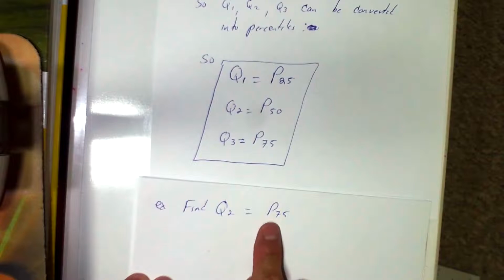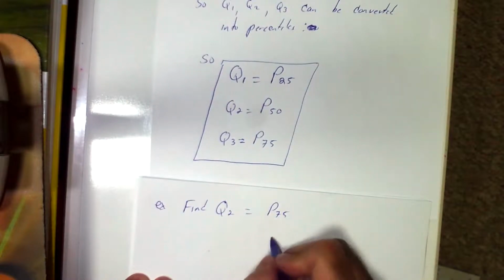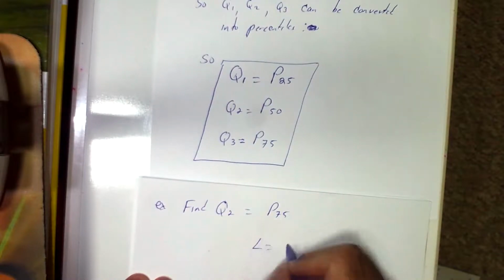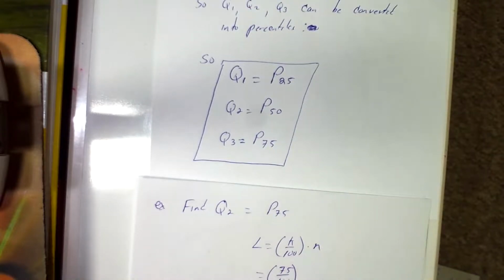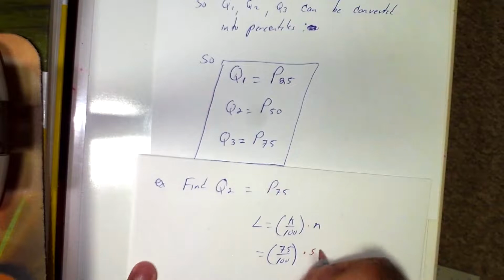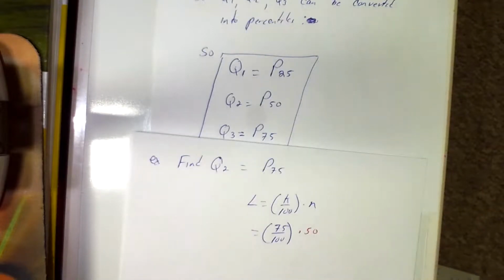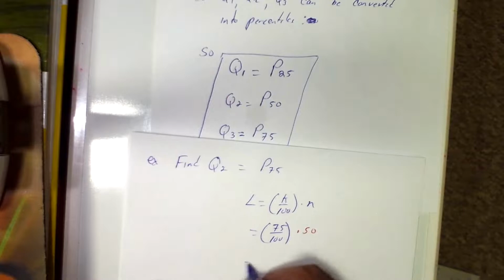As you recall, you have to find the L. L is K over 100 times N. My K is 75, divided by 100, multiplied by 50, because I'm using the data for the Verizon. 75 over 100 times 50 gave me 37.5.